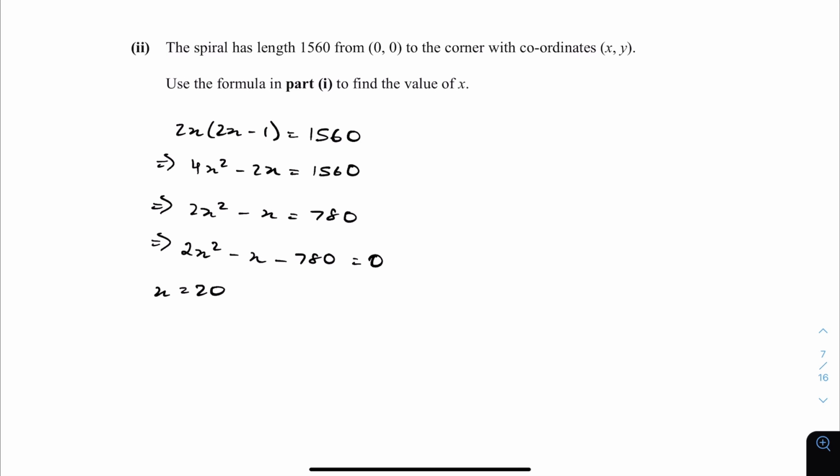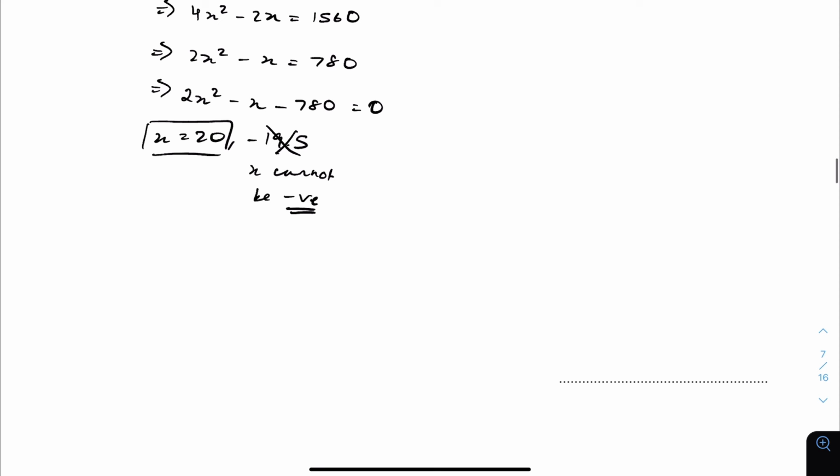The other solution, let me just find that. The other solution is x is equal to negative 19.5. But since x can't be negative, x equals 20 is our solution. X cannot be negative. Okay, so our final answer for this question is x is equal to 20.